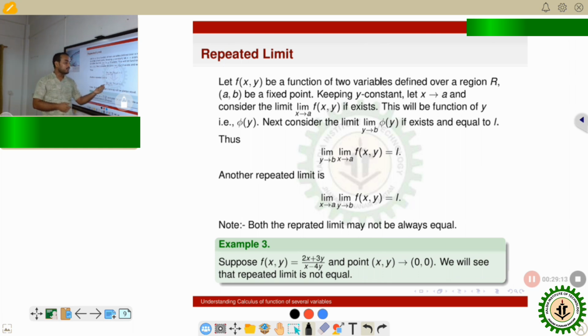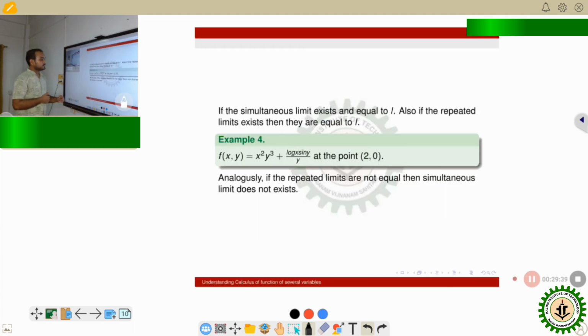Later, the limit of that function will be, suppose, another L. So that L is also a repeated limit of the function. So there are two ways to approach a repeated limit for functions of two variables. But you should think that this L and this L being the same is totally different. They may not be the same. But when they will be the same, that we will also discuss.